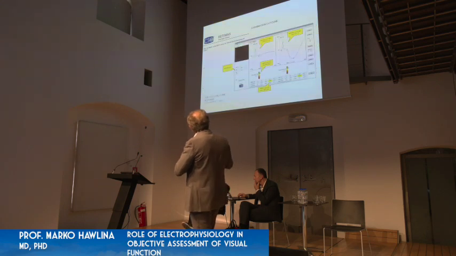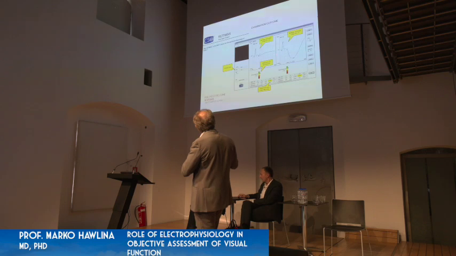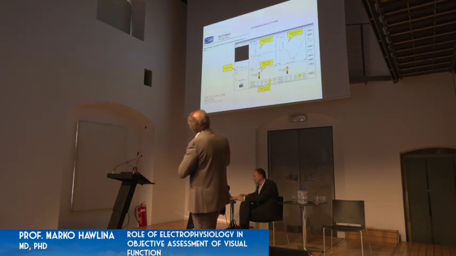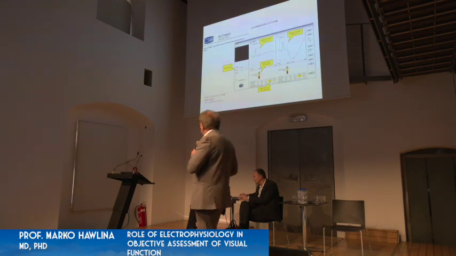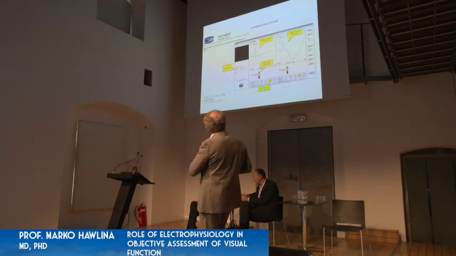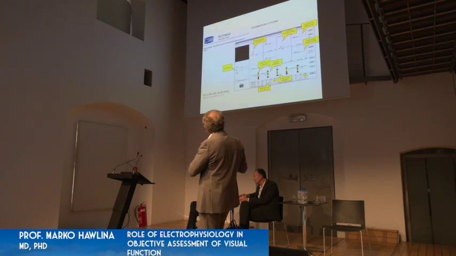So this is an example of examination outcome for cone responses. You can see these nice peaks here, and this machine tells you immediately where you are in terms of amplitudes, so you have a quick overview of the function of the retina, of the cone responses.